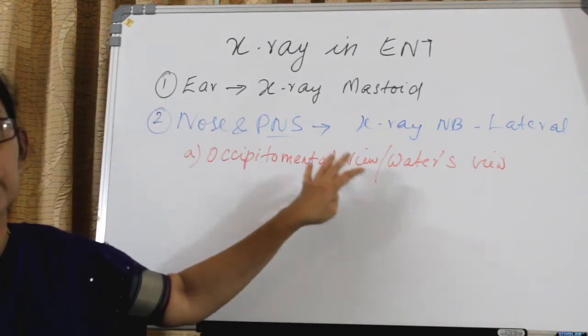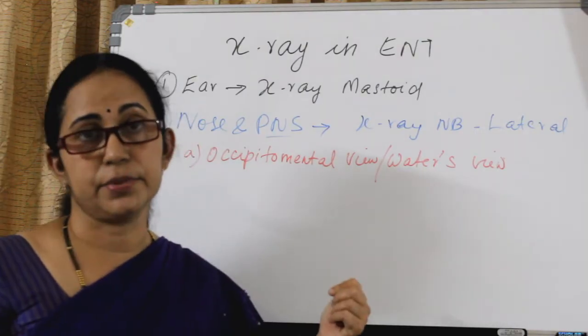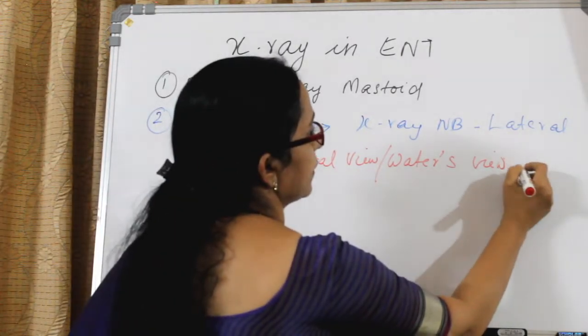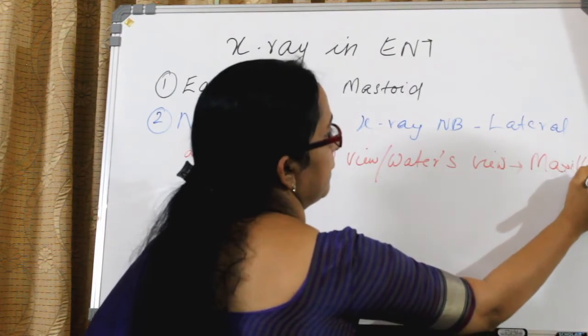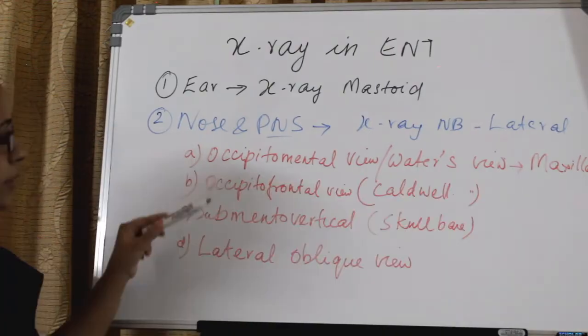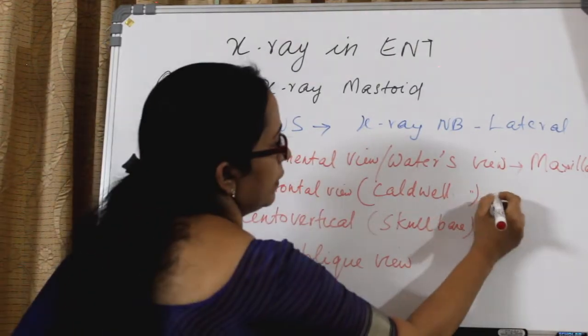And this view is specific for maxillary sinus. This is usually asked in MCQs. So Waters view is mainly for maxillary sinus. Okay, and what are the other views? There are also so many other views, like occipito-frontal view or Caldwell view.